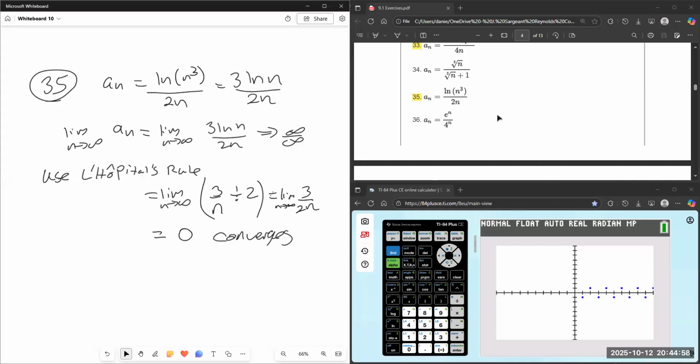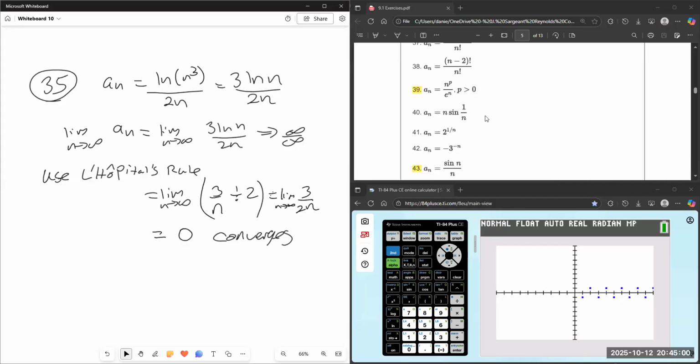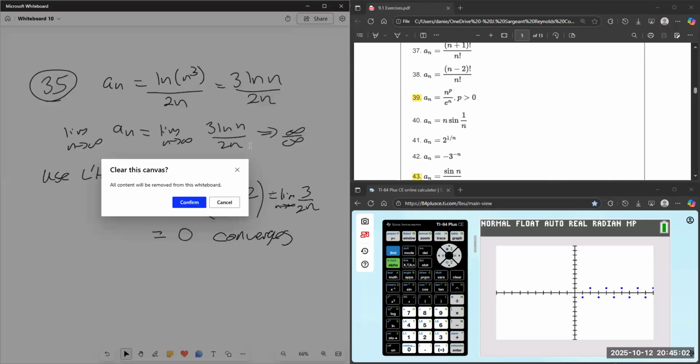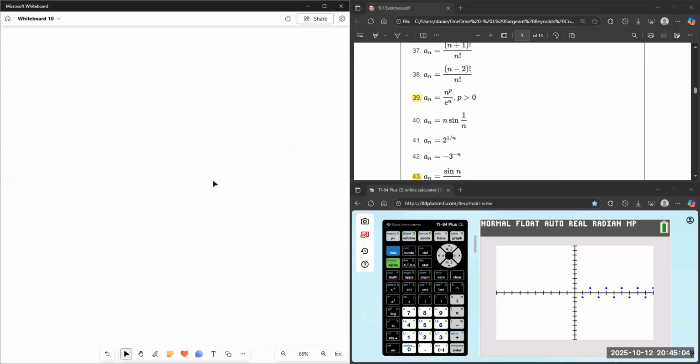Let's look at 39. 39 is an interesting one because I need to really put a restriction on this that the book forgot to state. So an is equal to n to the p over e to the n, and they tell me that p needs to be greater than 0, but also n needs to be greater than 2 here.